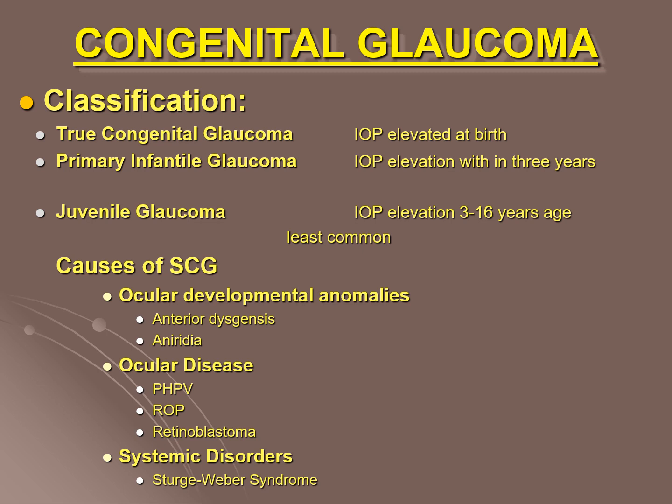The features of Sturge-Weber syndrome are leptomeningeal hemangioma, port wine stain on the face, and ipsilateral glaucoma on the side where the port wine stain is present, along with episcleral hemangioma.